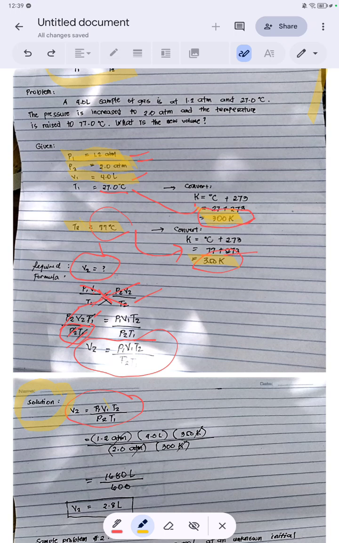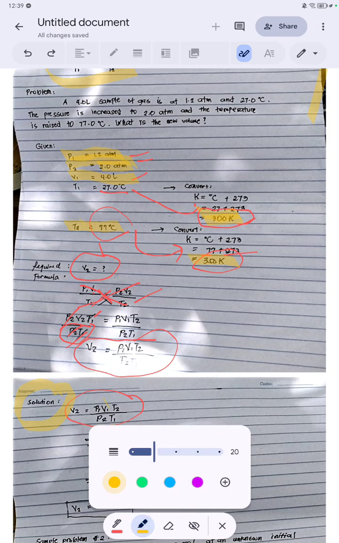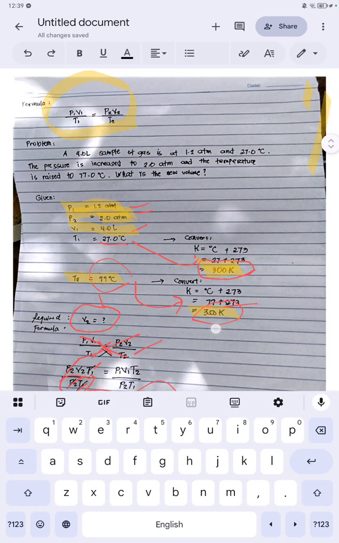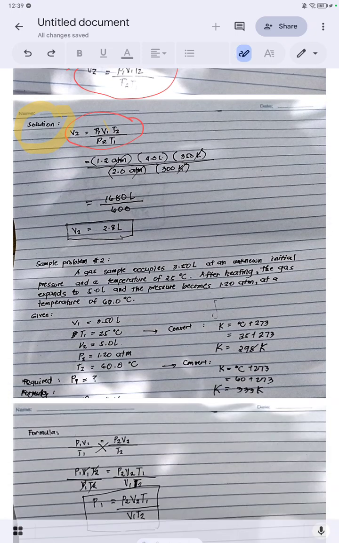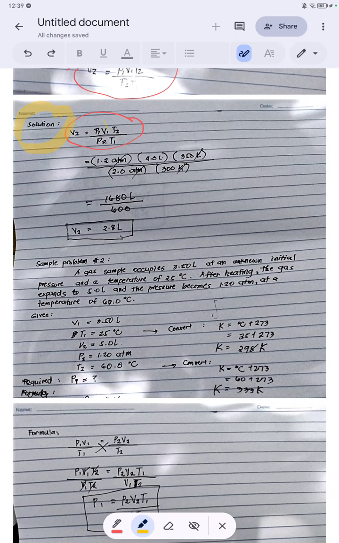After substituting, what do we do next? We need to cancel. Cancel the atm and cancel the Kelvin. What unit remains? It is liters. So, 1.2 times 4 liters times 350 is 1,680 liters.